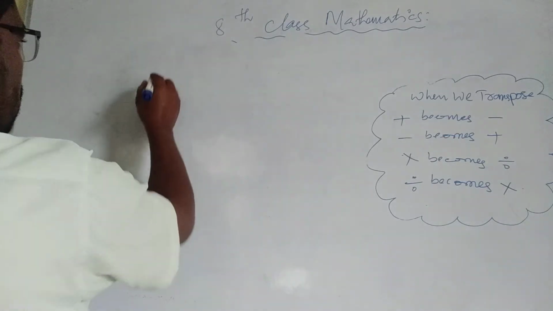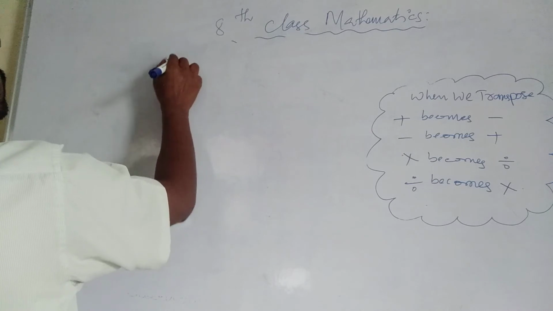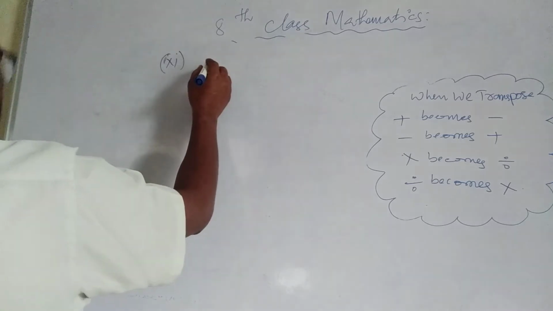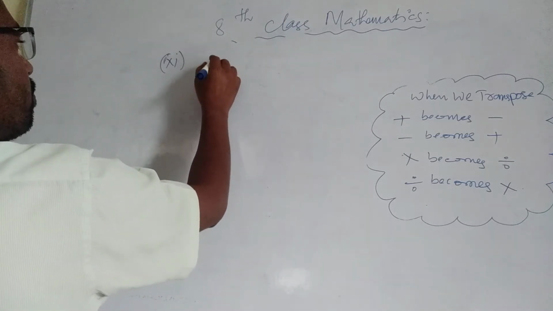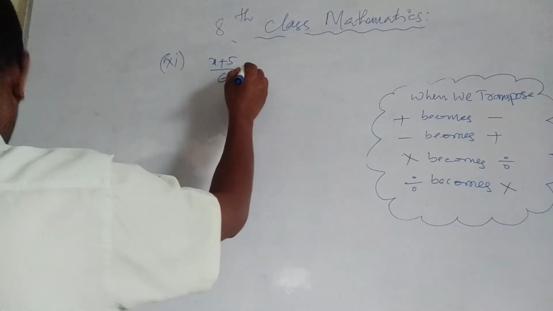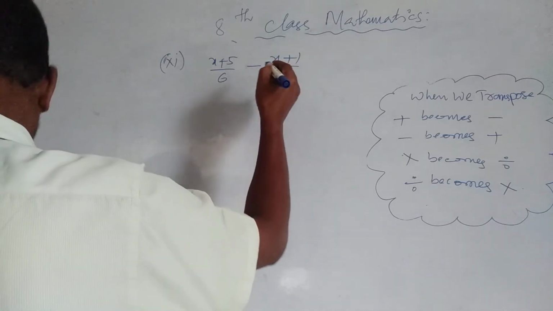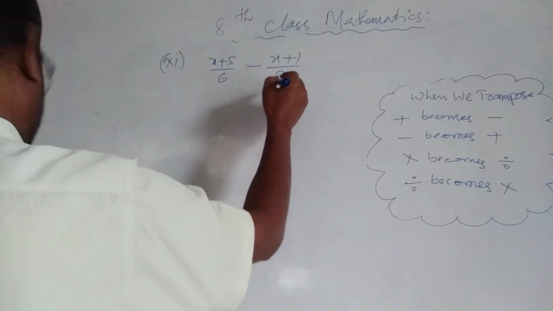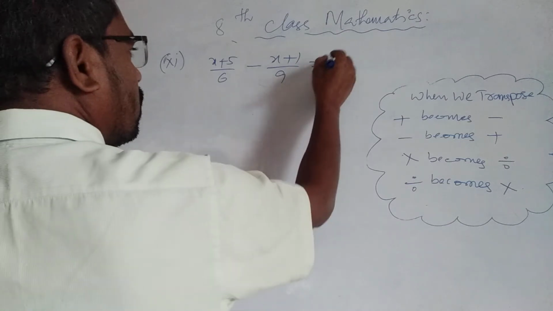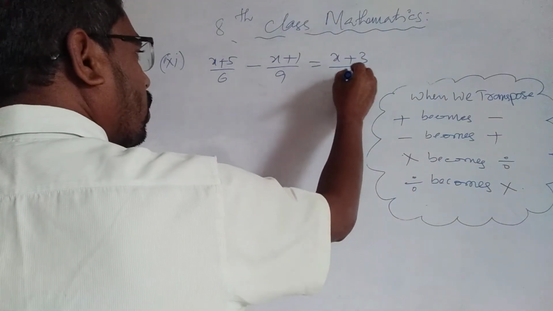That is question number 11. What is the given question? (x plus 5) by 6 minus (x plus 1) by 9 is equal to (x plus 3) by 4.